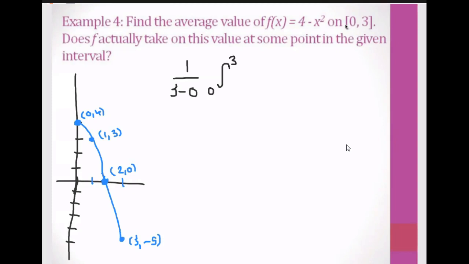And then our function is 4 minus x squared dx. So that's simply a power rule. So that's 1/3 times 4x minus x cubed all over 3, being evaluated from 0 to 3.